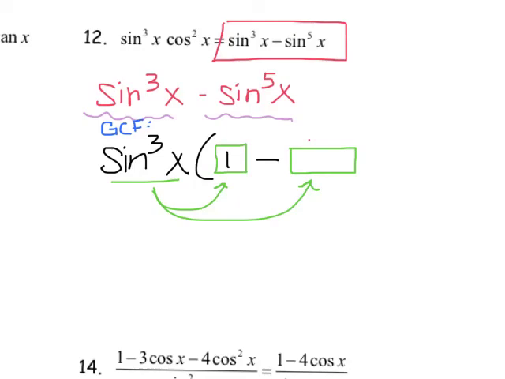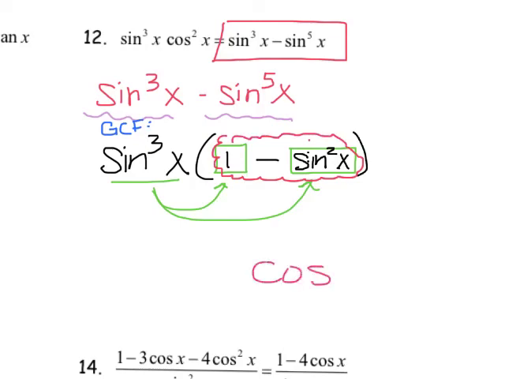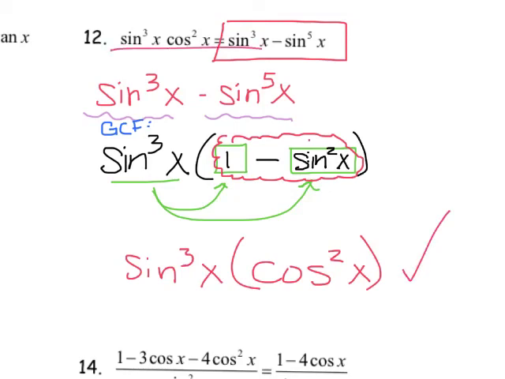So sine squared would make sine to the 5th. Well, at this point, you're done because this makes cosine squared. I already have sine cubed. Exactly what I wanted.